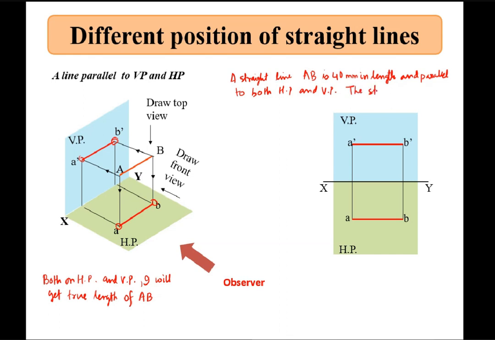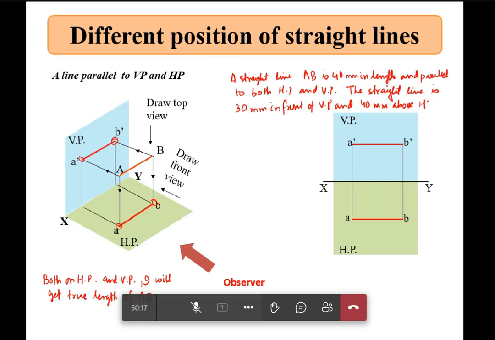The straight line is 30 mm in front of VP and 40 mm above HP.